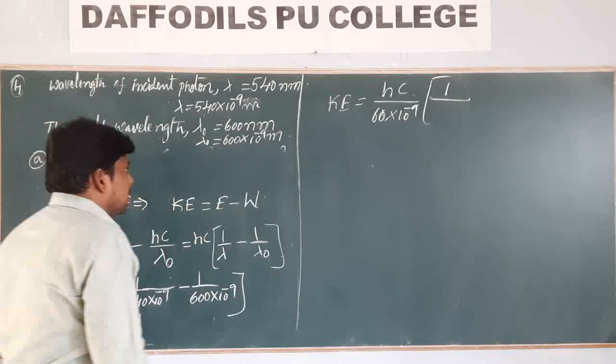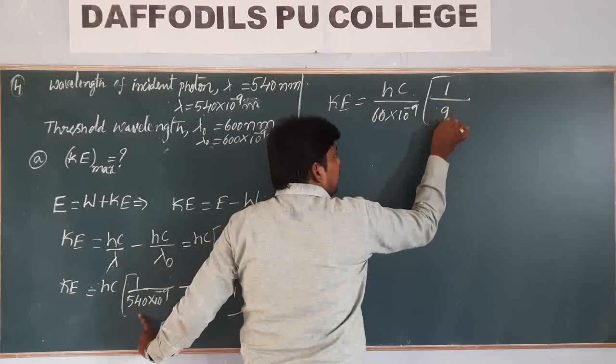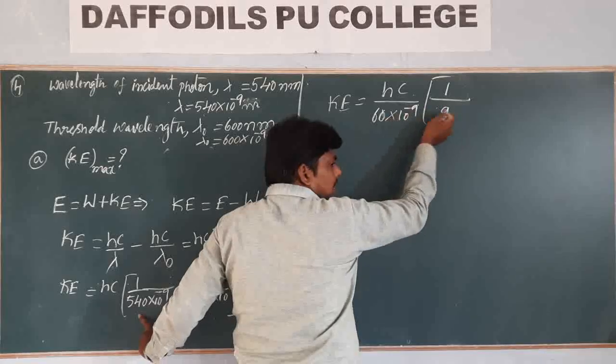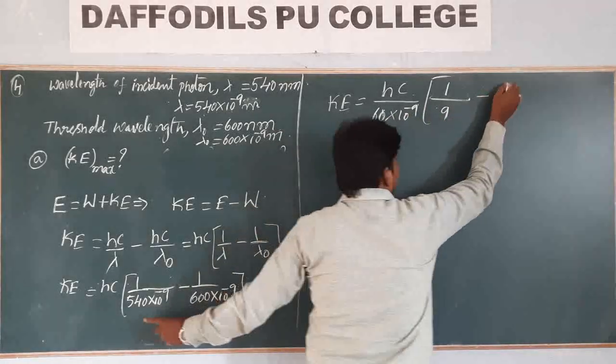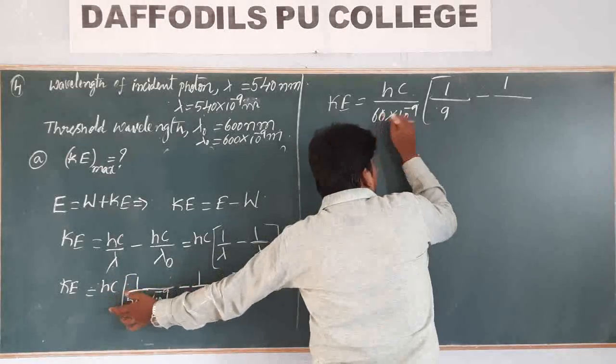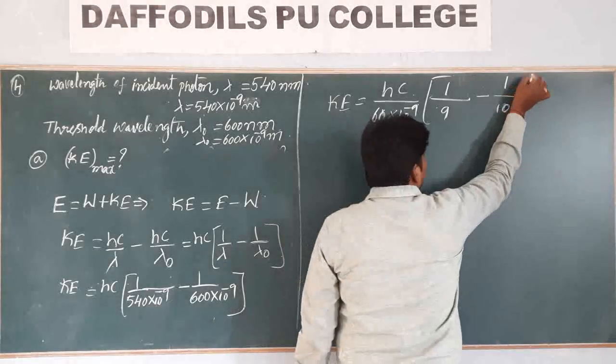60 into 9, what is the sum? 540. So you can make this 9, since 60 into 9 is nothing but 540, minus, here 600 is there. You have taken 60 as common in the denominator, so what is there? That is 10. 60 into 10, that is 600.